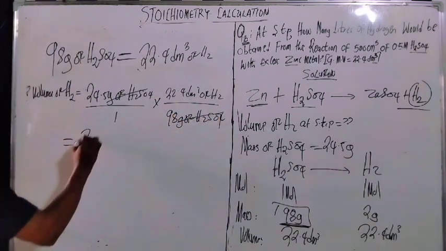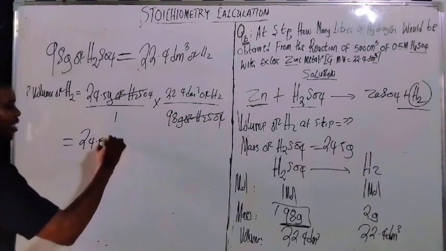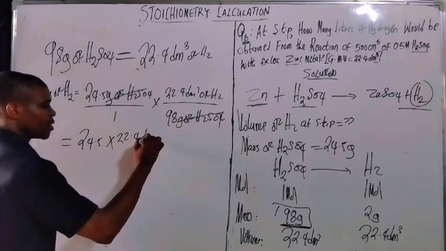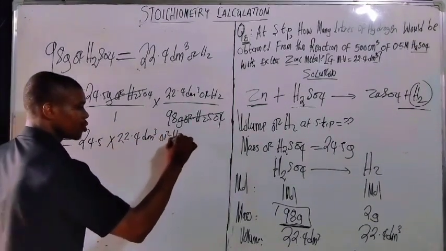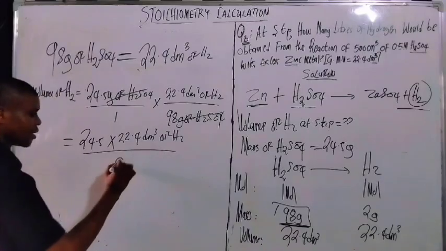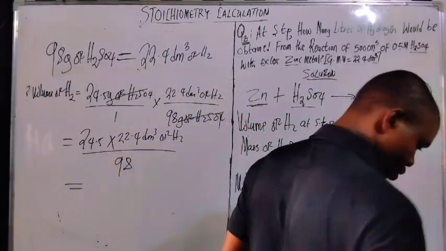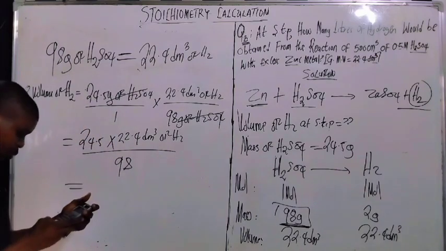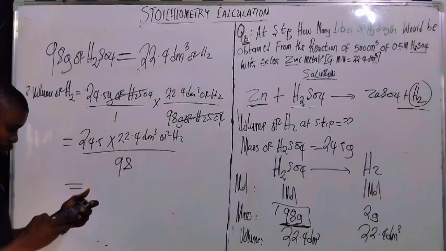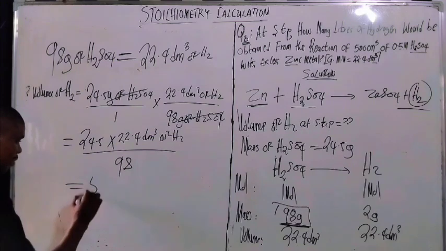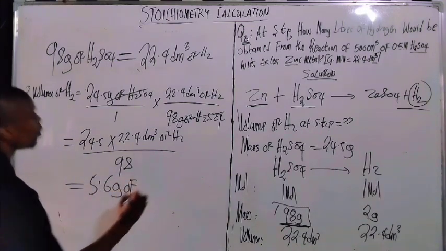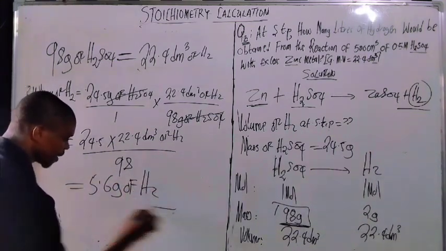So what do I have left? 24.5 times 24 dm³ of H2 over 98. So what will be the answer here? The answer is going to be 24.5 times 24 divided by 98. So here we have 6 gram of H2. That is it.